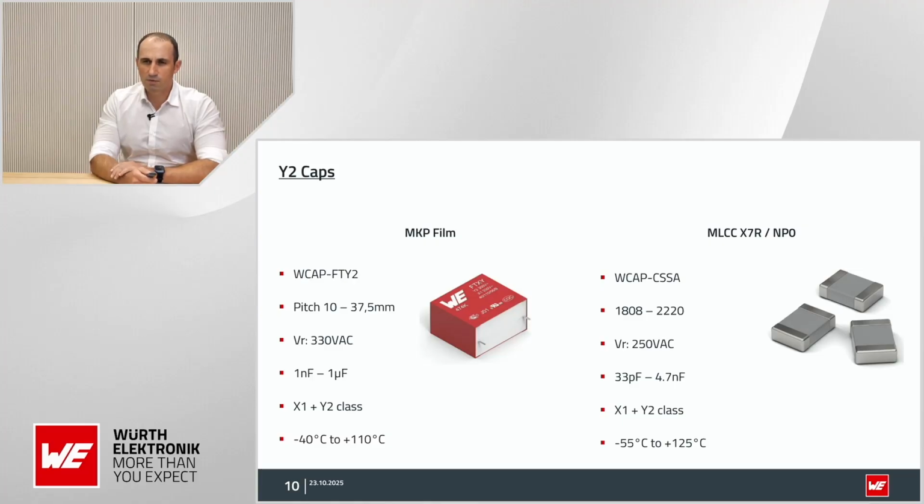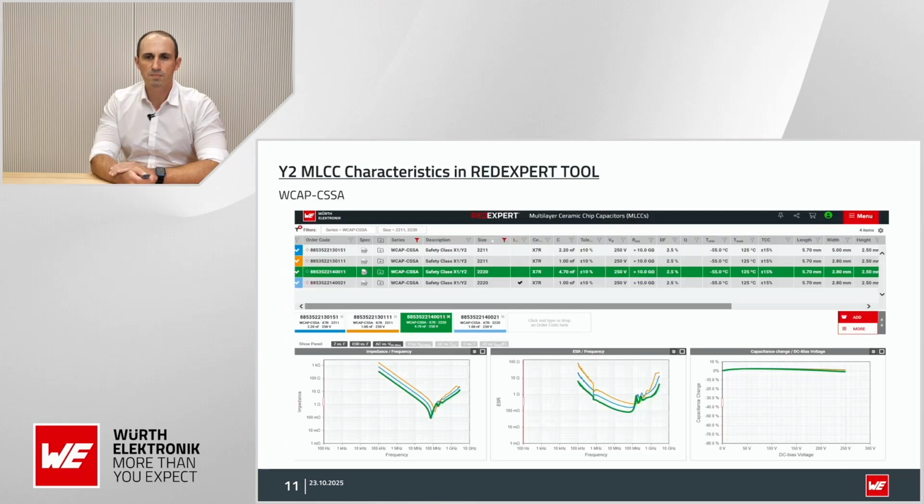The advantage is they have very low ESL, so they are very good in suppressing high frequency content. Over 5 to 10 megahertz, they perform better than the bigger ones. The drawback is they are limited in capacitance, and the creepage and clearance can in some cases not be big enough.